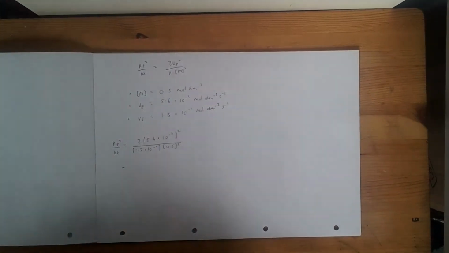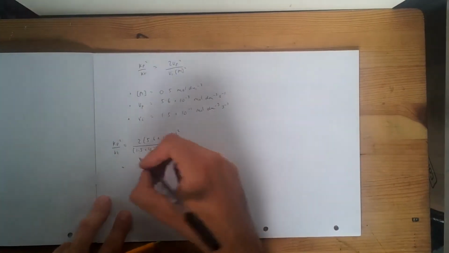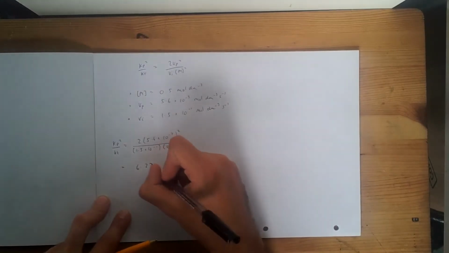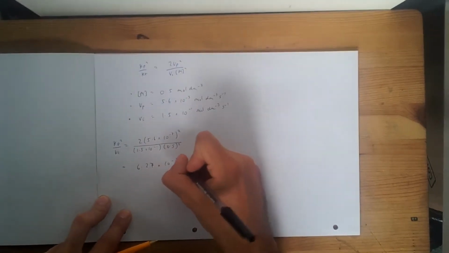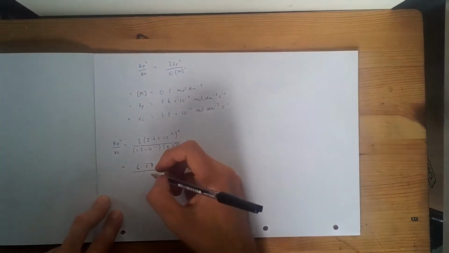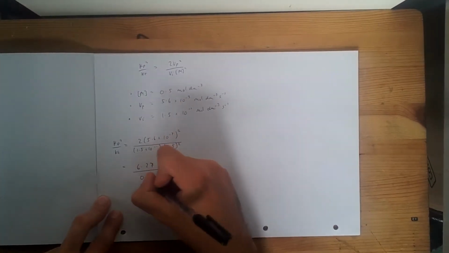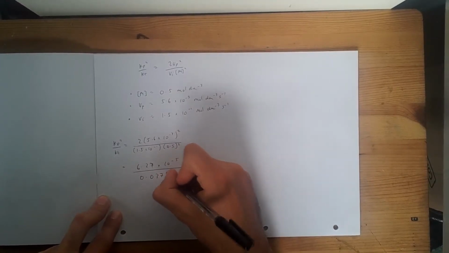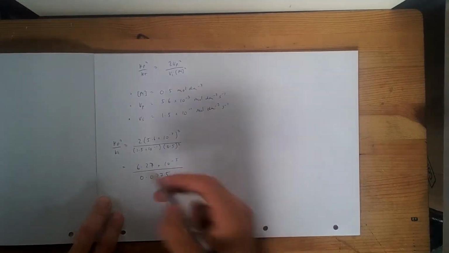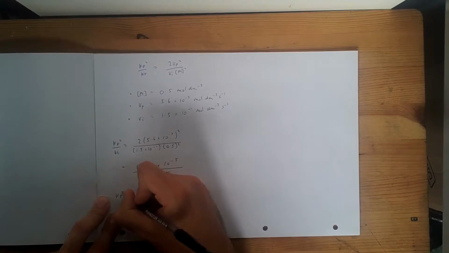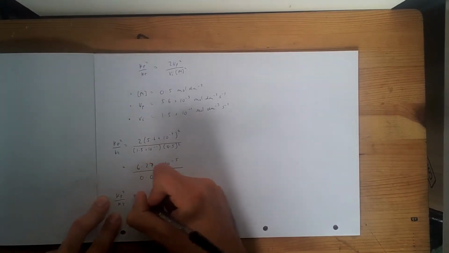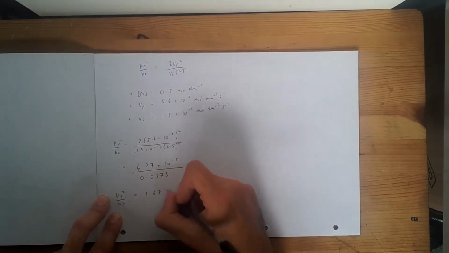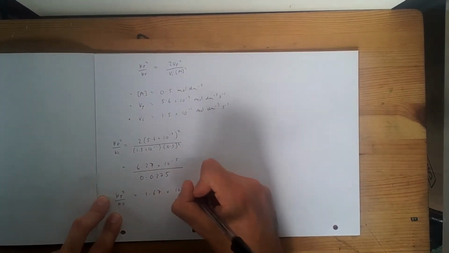You should be left with the numerator as 6.27 times 10 to the minus 5, and the denominator as 0.0375, and this gives us a final value of 1.67 times 10 to the minus 3.